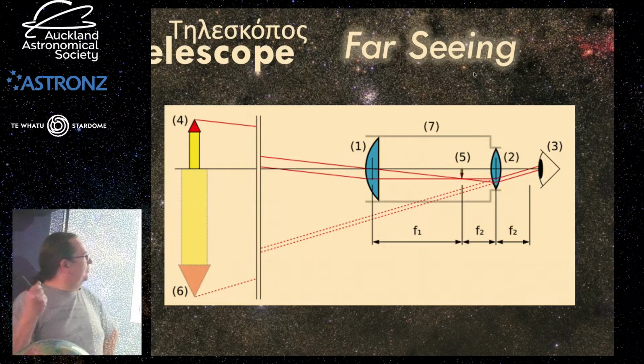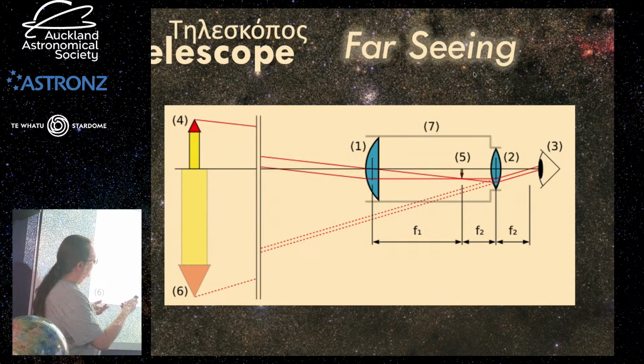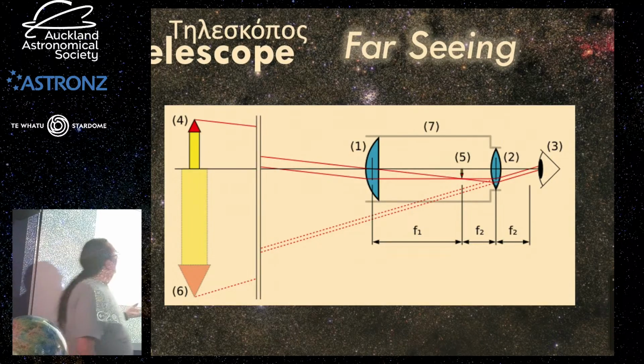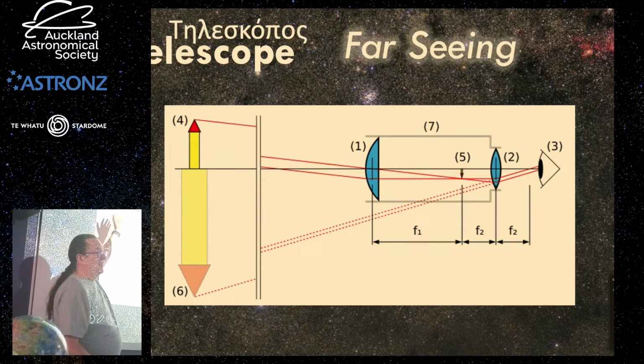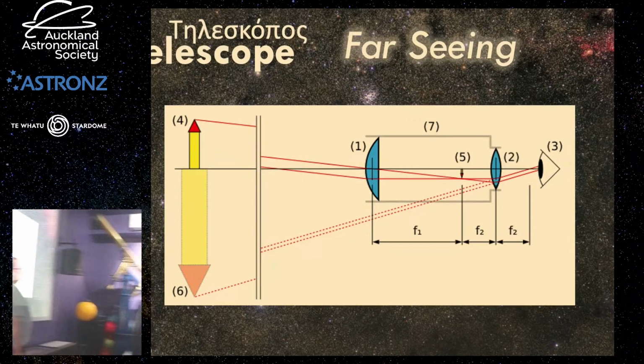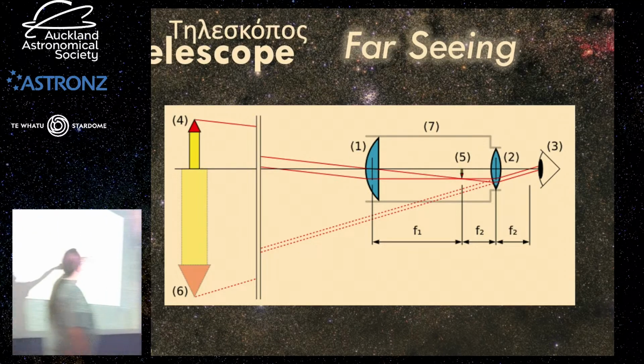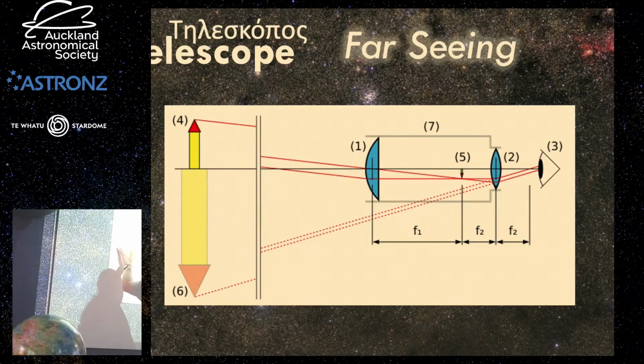I don't think my laser pointer is going to work, but this is a view of a basic telescope. What it does is use a lens. In this case, this is a refractor. It uses a lens to get an image of a distant object. It creates a real image of that object within the telescope, and we use an eyepiece to view that real image, to create a virtual image, which looks bigger.